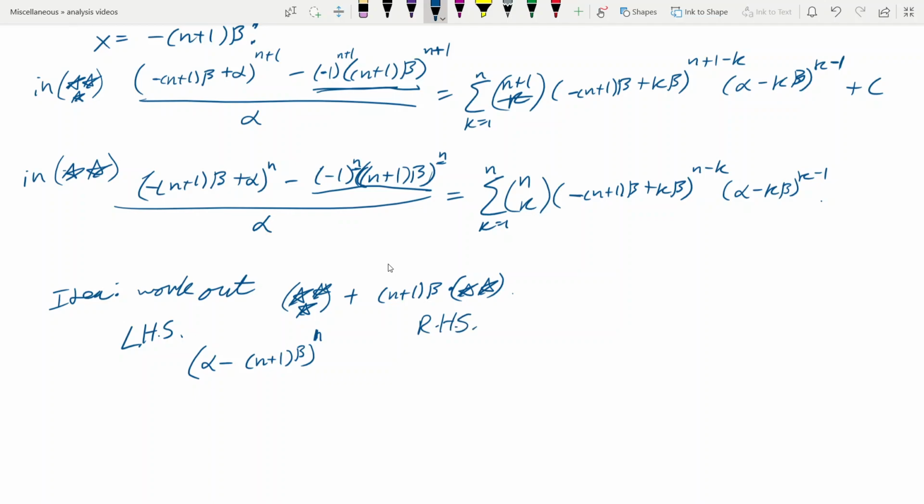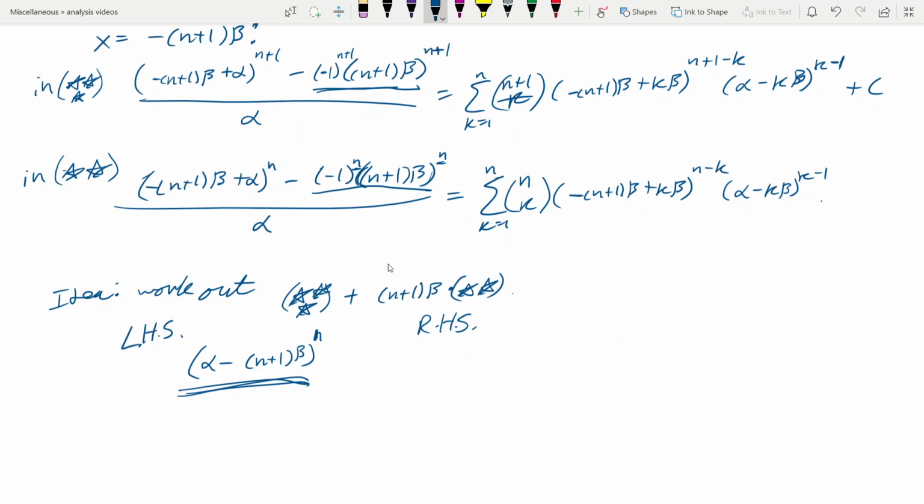This seems like it'll be quite difficult, but what we would suspect is that there'll be a lot of cancellation, because we're trying to show c is actually equal to this left-hand side as it is. And so whatever these sums are, ideally they should cancel out.